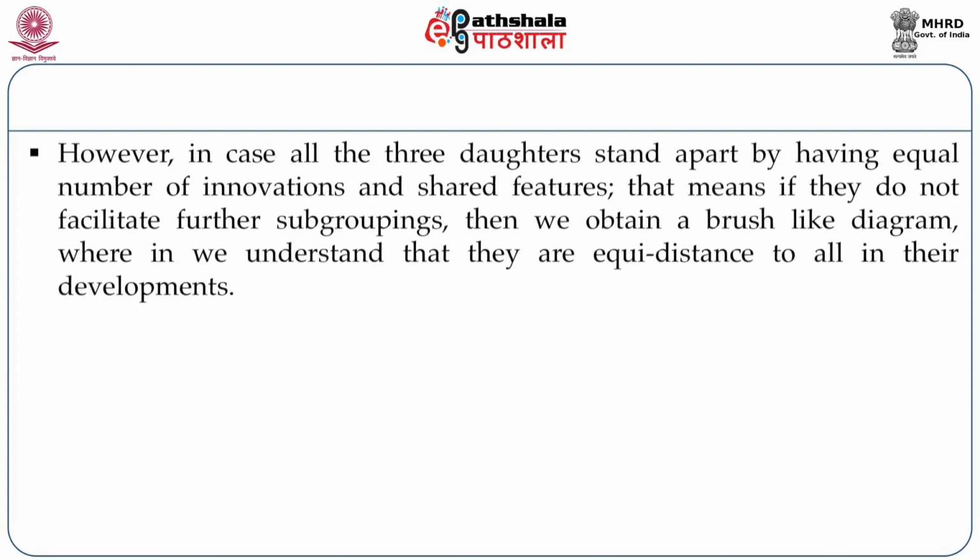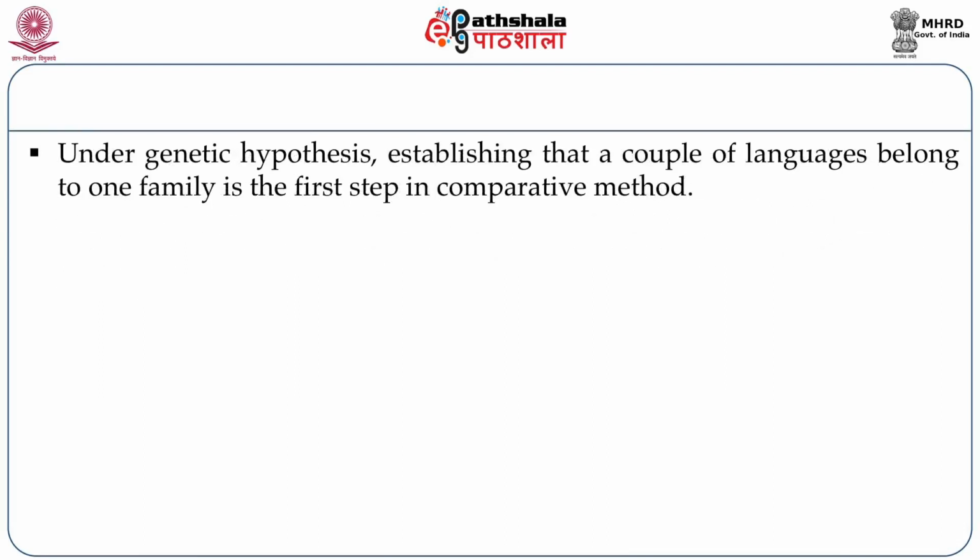However, in case all three daughters stand apart by having an equal number of innovations and shared features, that means if they do not facilitate further subgroupings, then we obtain a brush-like diagram wherein we understand that they are equidistant to all in their developments.